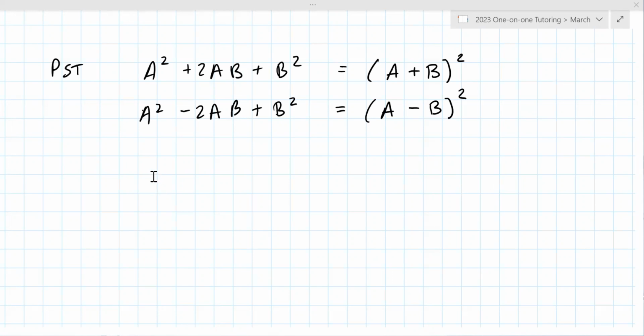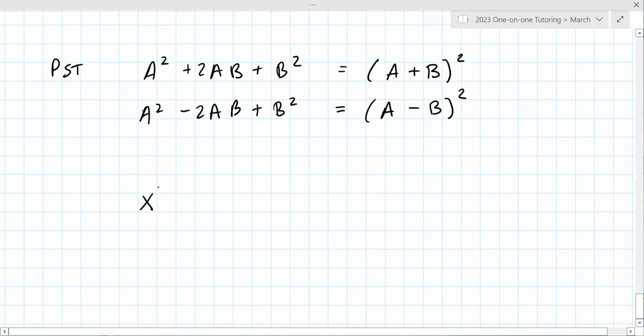All right, so we've done a couple of the second type already, believe it or not. We were looking at a problem earlier like this: x squared minus 6x plus 9. And again, A is really x and B is 3. But because there's this subtraction here, you have to write (x minus 3) squared.